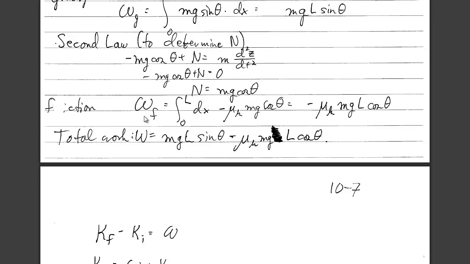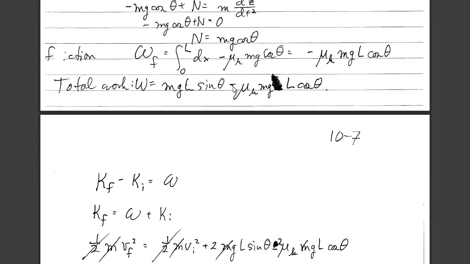The work due to friction is then the integral of force, here's the force, dx. And if you look carefully, you will observe that there is a minus sign here. That minus sign occurs because the friction force points in the minus x direction, and I have put in the various terms correctly. So here is the friction force.